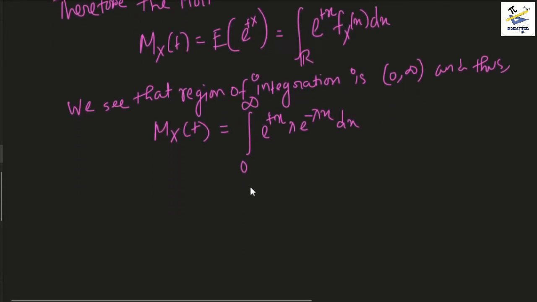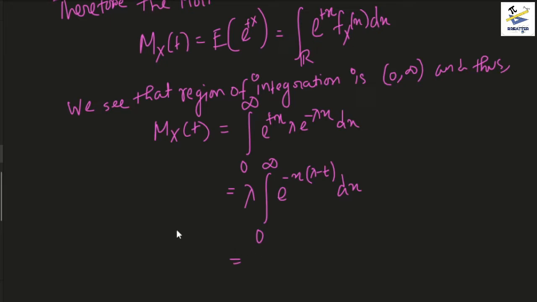Simplifying, lambda comes outside as it is a constant. The powers add up, and we can take minus x common and write it as lambda minus t, dx. As we know that the integral of e to the power minus ax is just 1 by a, this is basically lambda by lambda minus t.